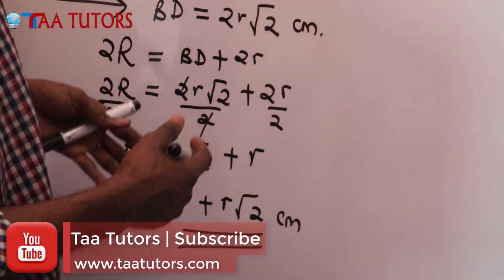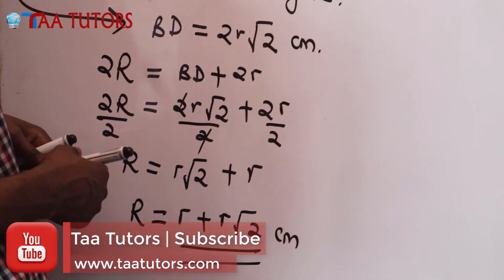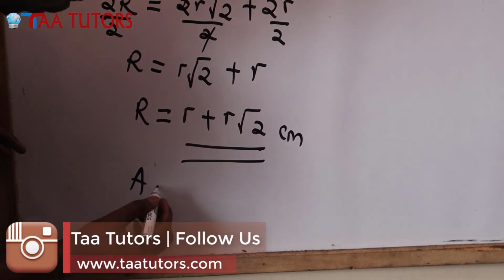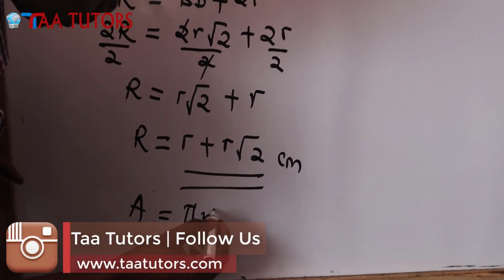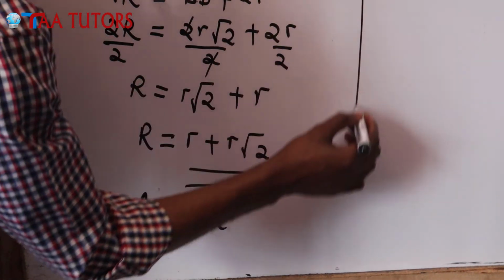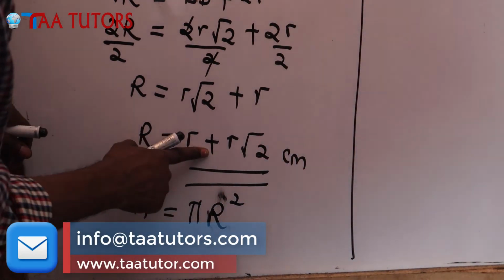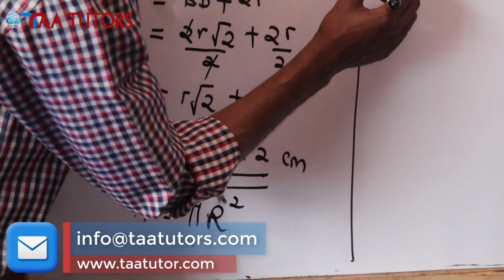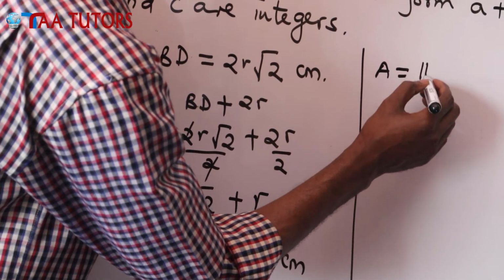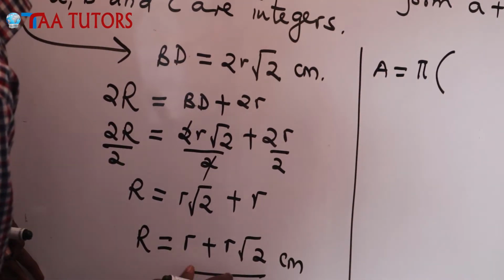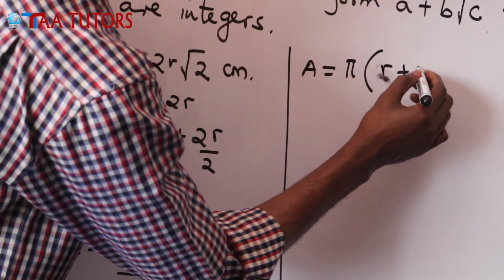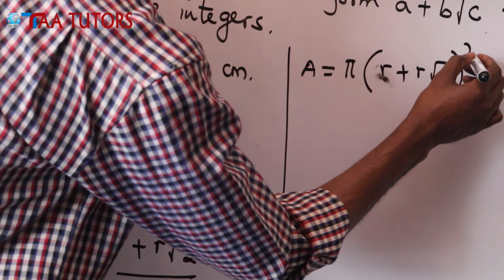Now if you get the radius of the bigger circle, we can actually get the area of the bigger circle. The area of the bigger circle is pi R squared. But we know that R is the same as this one here. So the area is therefore pi into, where R is, we put r plus r surd 2, squared.